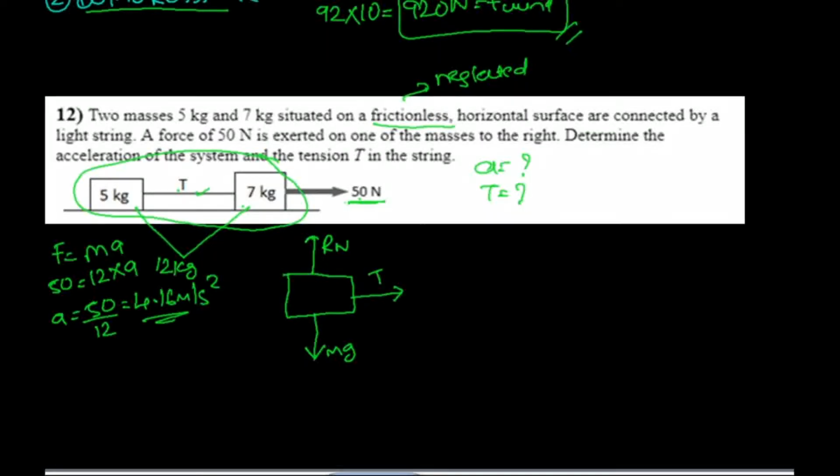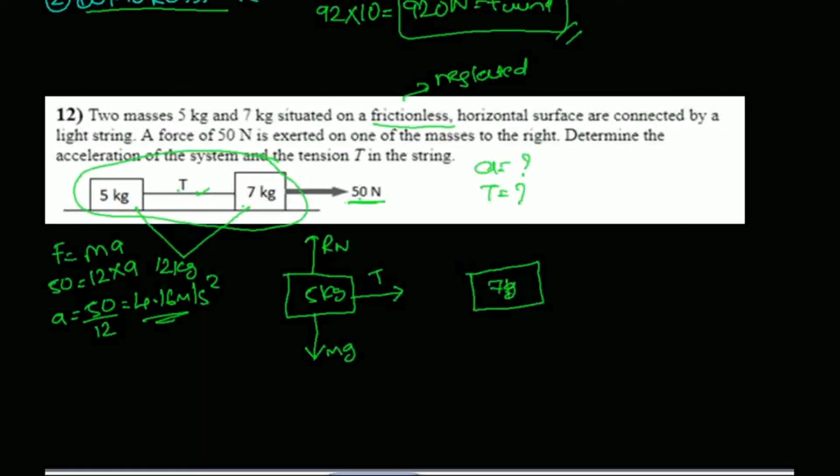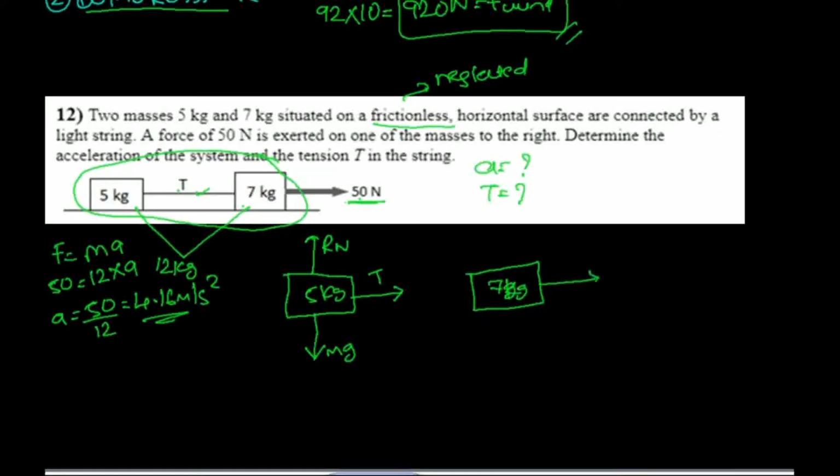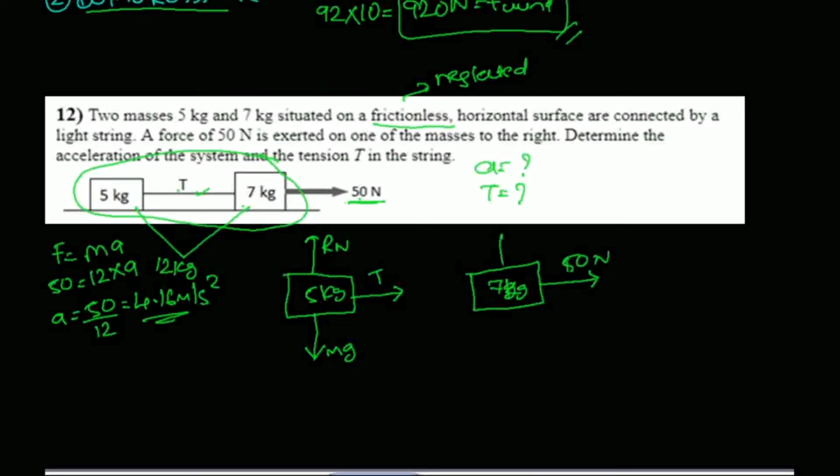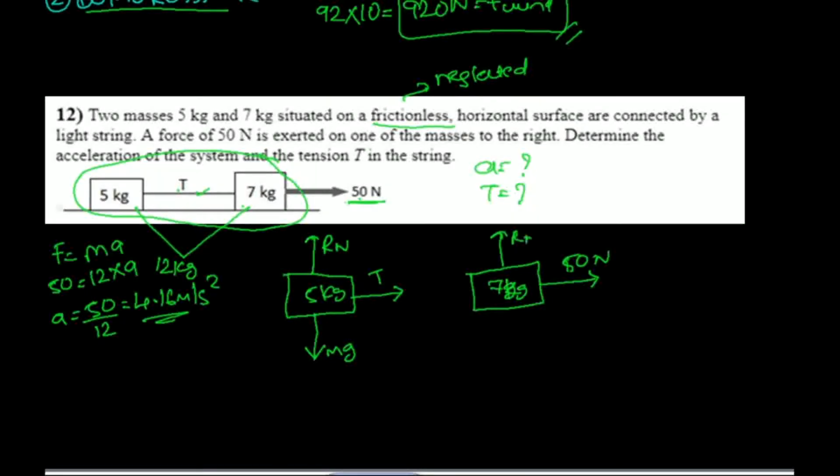This is for the 5 kg body, and for the 7 kg body, one more free body diagram. Here it is the 50 Newton force, and here is again the normal reaction force. This is mg, and here is the tension force.